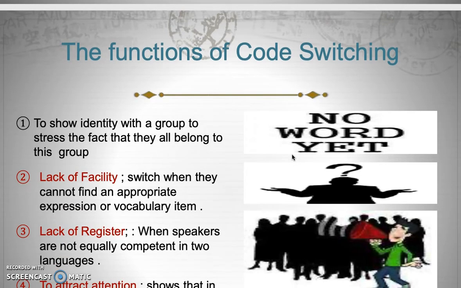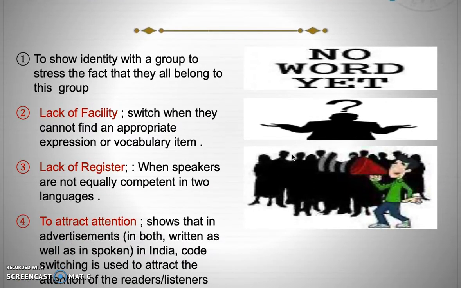So the functions of code switching are to show identity with a group, to stress the fact that they all belong to this group, lack of facility, lack of register, and to attract attention. So what is lack of facility? It's when speakers switch because they cannot find an appropriate expression or vocabulary item.